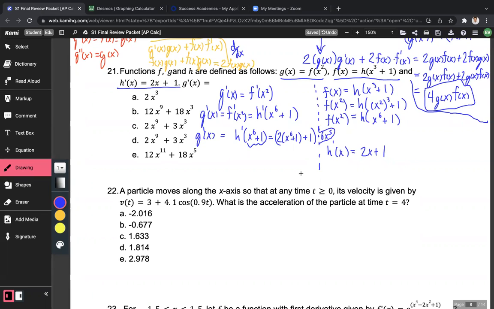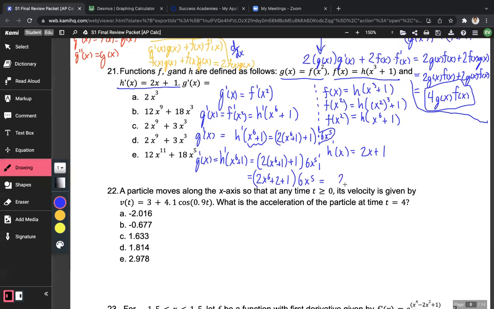Let's isolate that guy. All right, so rewriting this here, g prime of x equal to h prime of x to the 6th plus 1. It's going to equal 2 times x to the 6th plus 1 times 6x to the 5th. That is going to equal 2x to the 6th plus 2 plus 1, whole quantity multiplied by 6x to the 5th.